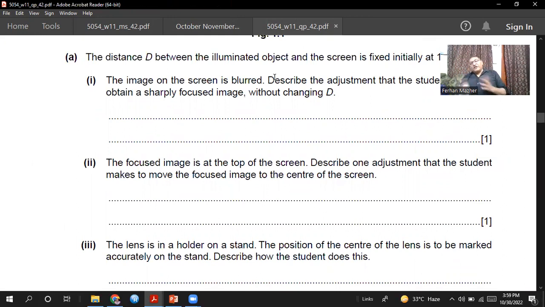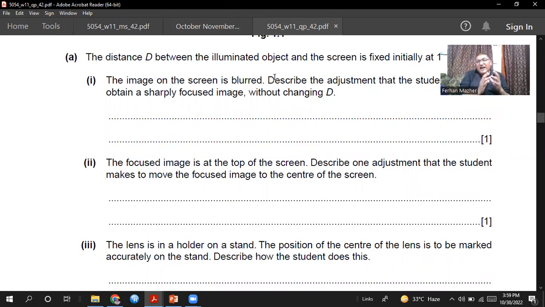There can be 2 or 3 methods for doing this. One method is to move the object a little. The image is at the top of the screen, so it means that you should change the height of the object.